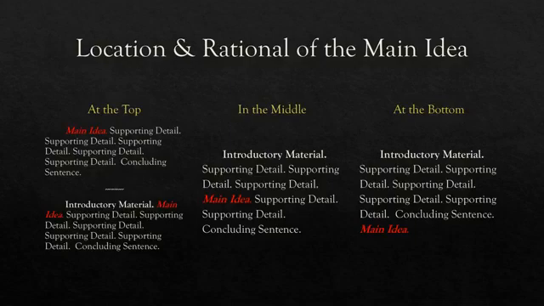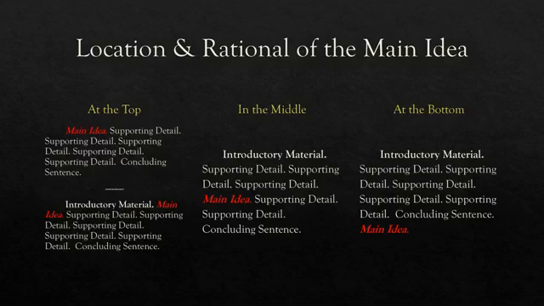Sometimes, however, the main idea is in the middle. In more creative writing, we may find the main idea in the middle, where an author may want to create suspense. The author builds up the tension, then puts the main idea, and then attempts to explicate it in some way throughout the rest of the passage.